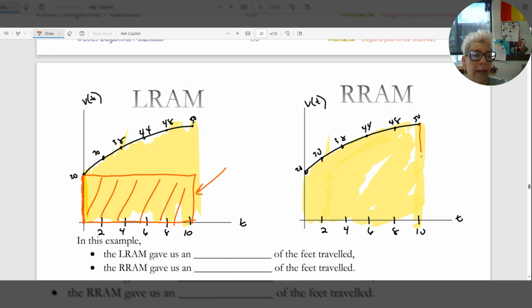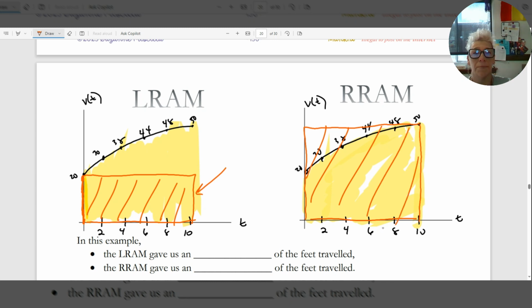And then we tried a right-hand rectangle, which when we topped off our parallel side, grossly overestimated the actual area. So this time we're going to do another left and right hand method.